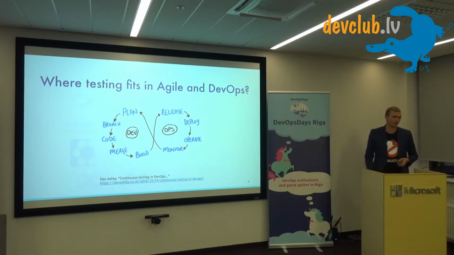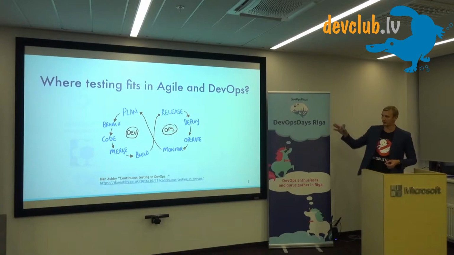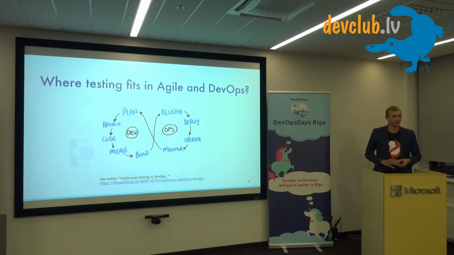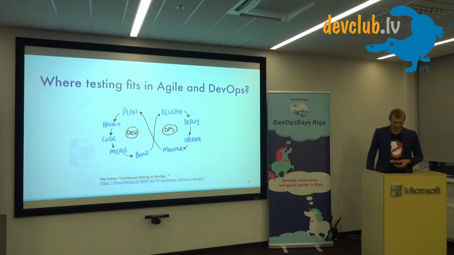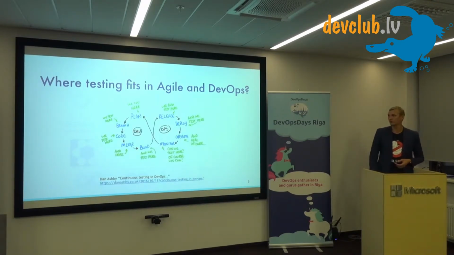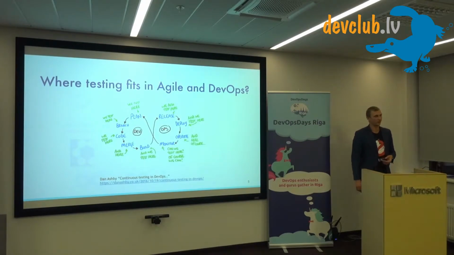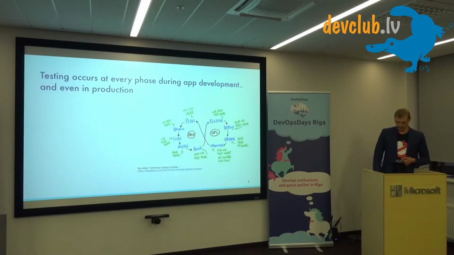You can take a look in his blog post, where he simply describes the most common DevOps process. But as you can see here also, testing is not mentioned at the top. So what Dan does, he shows that also in this model the testing takes place in every step. And I will tell you what I mean by that.